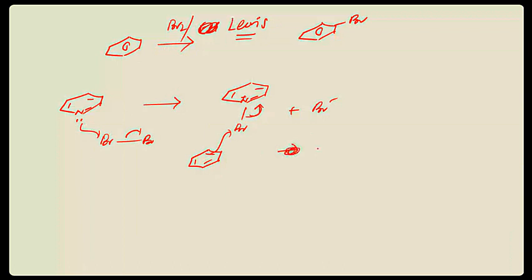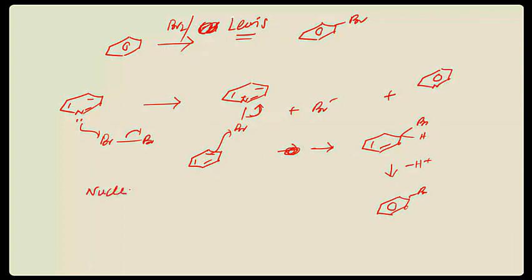Then we are going to get, for example, Br H, and after minus H plus, it will be Br here also. So we are getting back pyridine. This is also another case of nucleophilic catalysis.